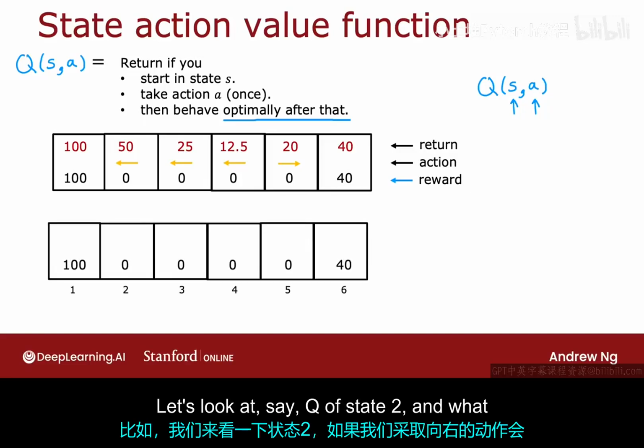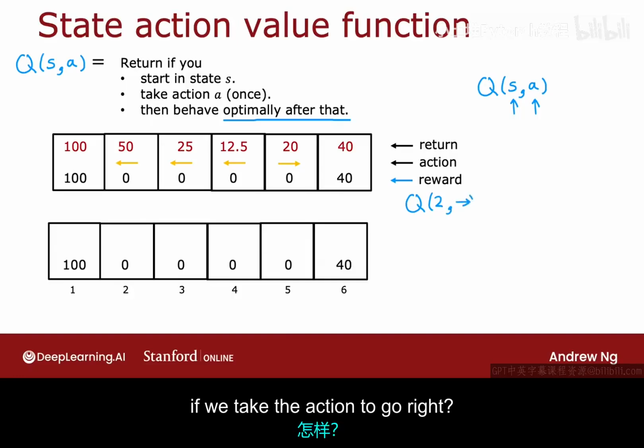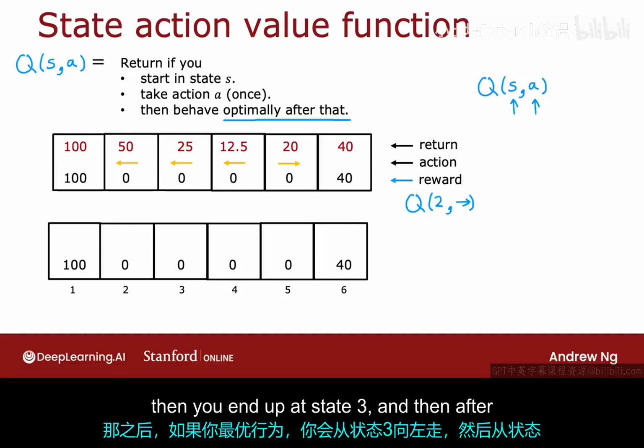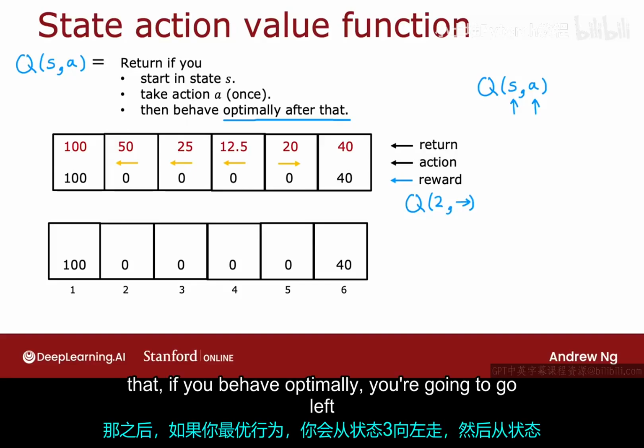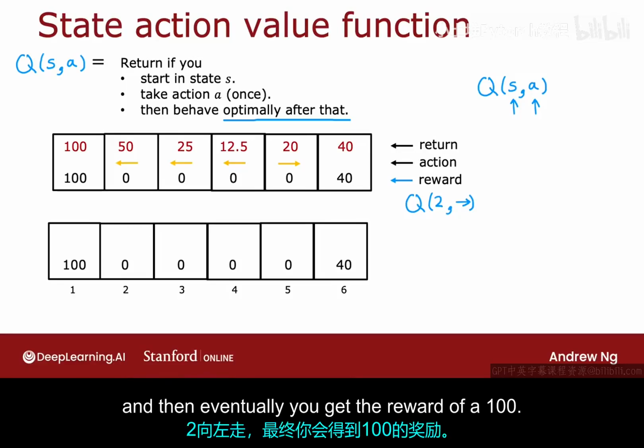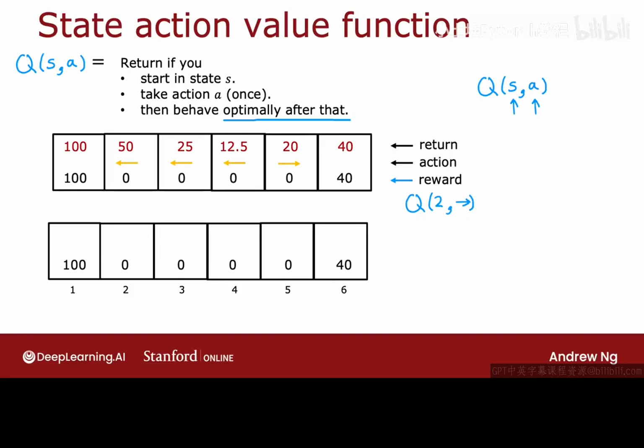Let's look at, say, Q of state 2, and what if we take the action to go right? Well, if you're in state 2 and you go right, then you end up at state 3, and then after that, if you behave optimally, you're going to go left from state 3, and then go left from state 2, and then eventually you get the reward of 100.